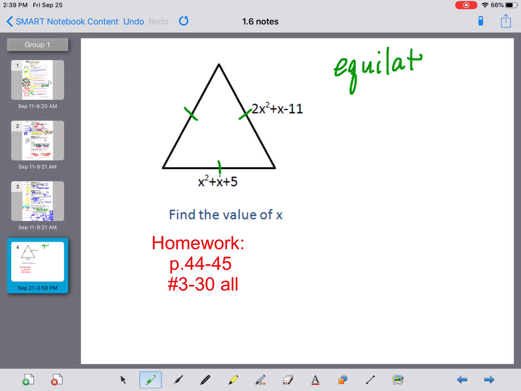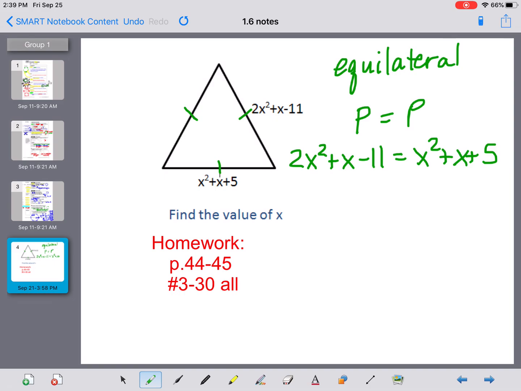And if I have an equilateral triangle, my sides are equal. Part equals part. So I'm going to set these equal. 2x squared plus x minus 11 equals x squared plus x plus 5. Wow, this is some algebra I haven't seen yet, or at least not for a while since algebra. I need to get my like terms together, right?